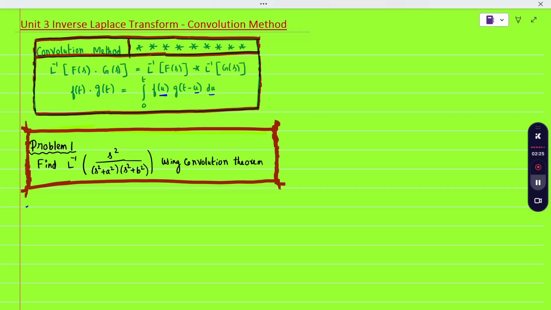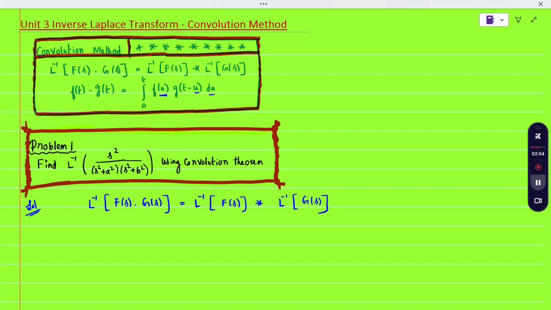So what is the solution? First step, I will write the term, separate it and write, which is f, which is g. I will write the formula again: L inverse of f of x into g of x is nothing but L inverse of f of x star convolution L inverse of g of x.